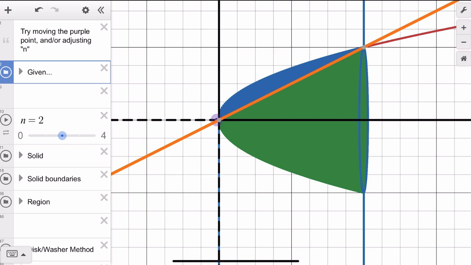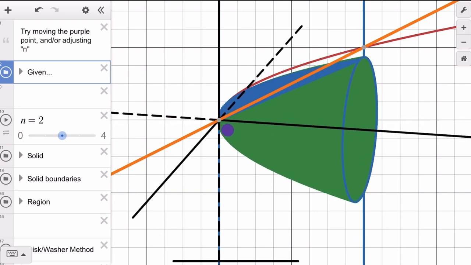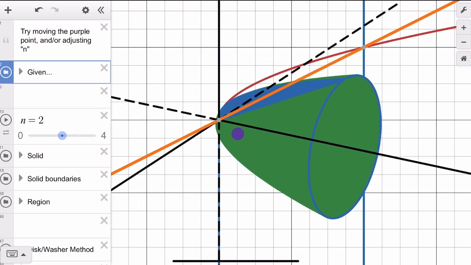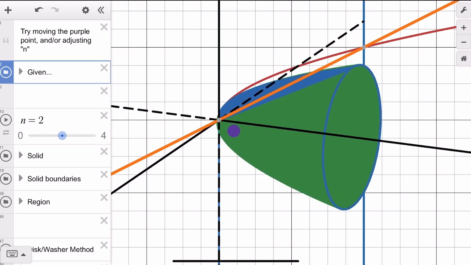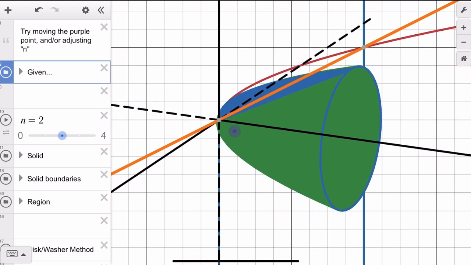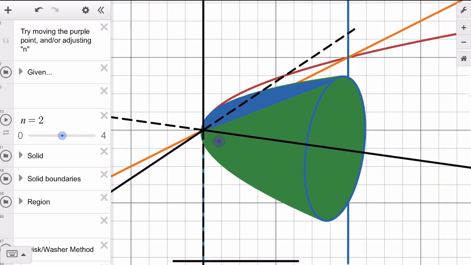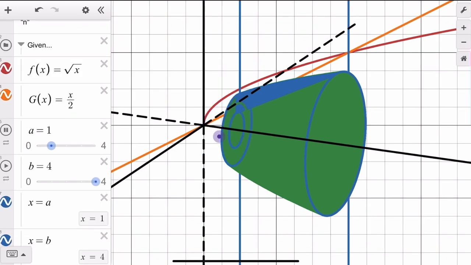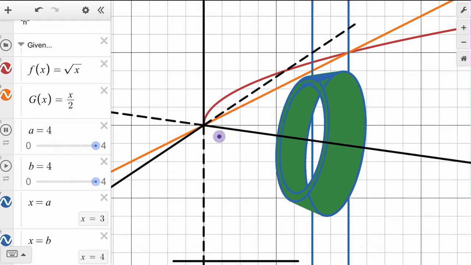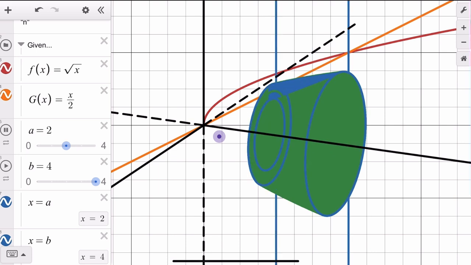If we rotate this, we can see the perspective of the object. We have some washers here. The blue one here is the washer. The washer starts from 0 and goes up to 4.